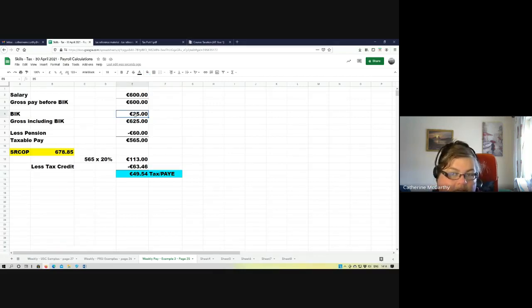And that's why they're included in here. We're taxing them inside here now and paying the tax, the PRSI and USC on it. Okay, so you can call this tax or PAYE. It's all the same, it's all tax we're paying there.